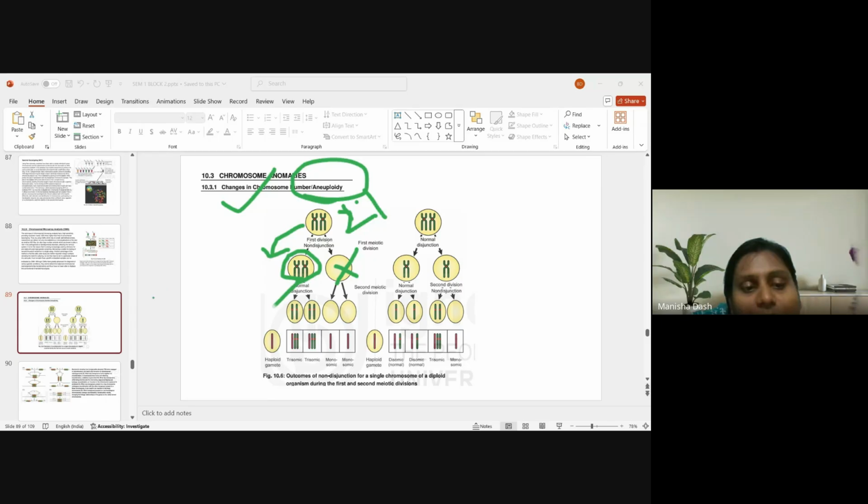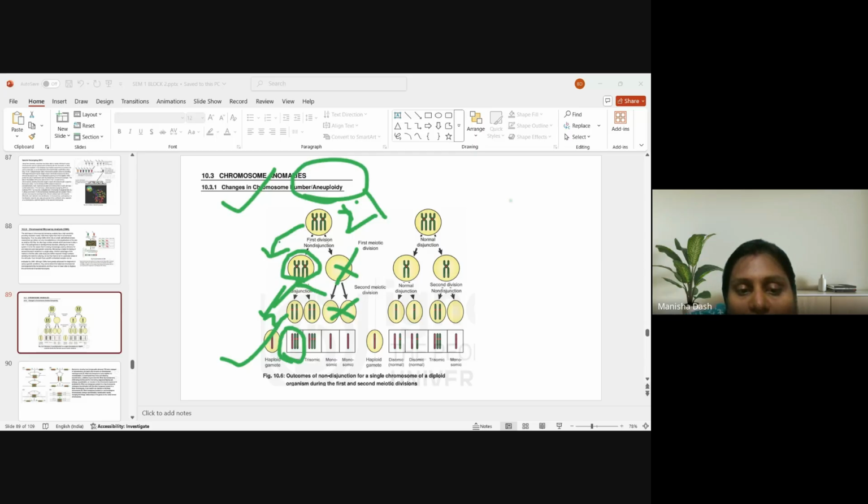When meiosis 2 occurred, it segregated normally, and the sister chromatids separated normally. So you now got 2 copies of the 21st chromosome in both of these daughter cells, and the other daughter cell completely lacked a 21st chromosome. Now, this is a normal gamete having only a single copy of the 21st chromosome. When this gamete is fertilized with the abnormal one, you have 3 copies of the 21st chromosome. This is what is called trisomy. This will lead to Down syndrome.